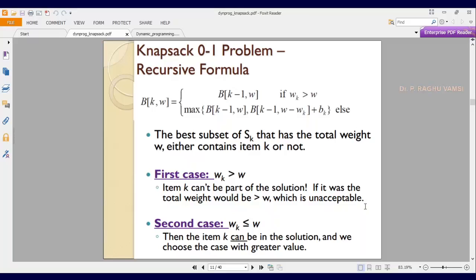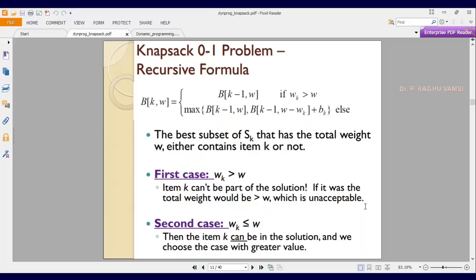That means either place the entire item or do not place it. In the first case, wk is greater than w, the item k cannot be part of the solution, since the total weight would be greater than w, which is unacceptable. In the second case, if the total weight is less than w, then item k can be in the solution, and we choose the case with a greater value.